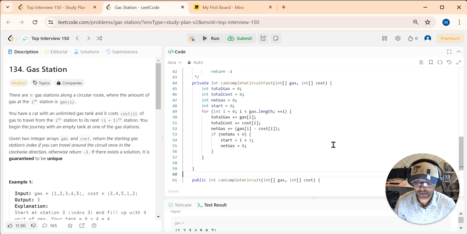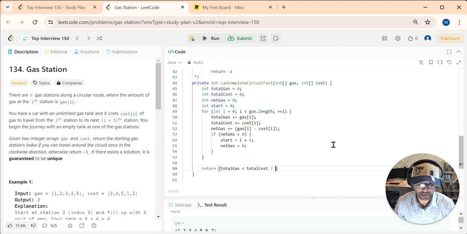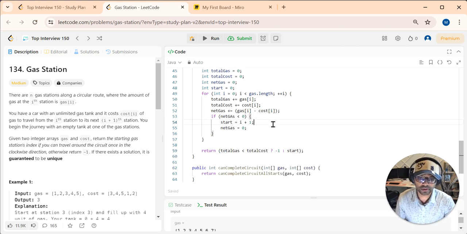And then here is where we return, right? We say return if total gas is greater or equal to total cost, or actually, we can do the opposite, which is if it is less, return -1, otherwise we return start, right? And start could in some cases go beyond the length of the array.